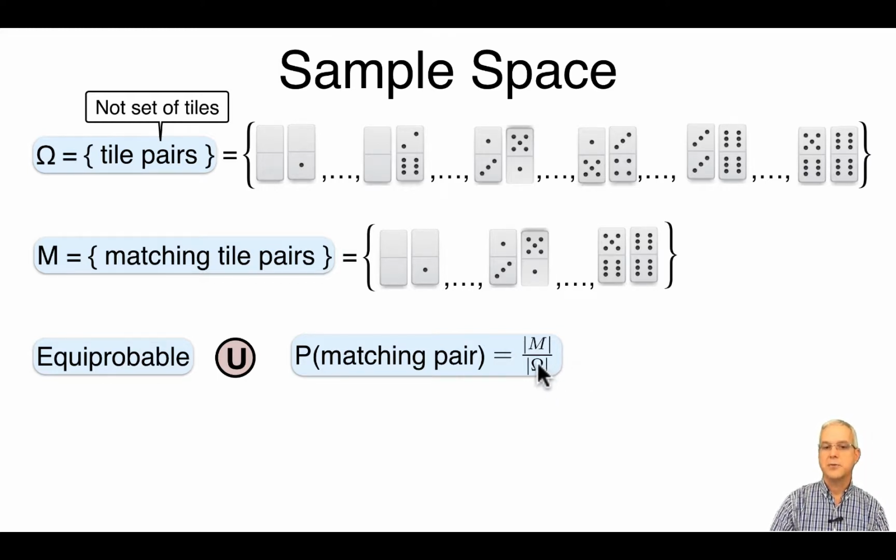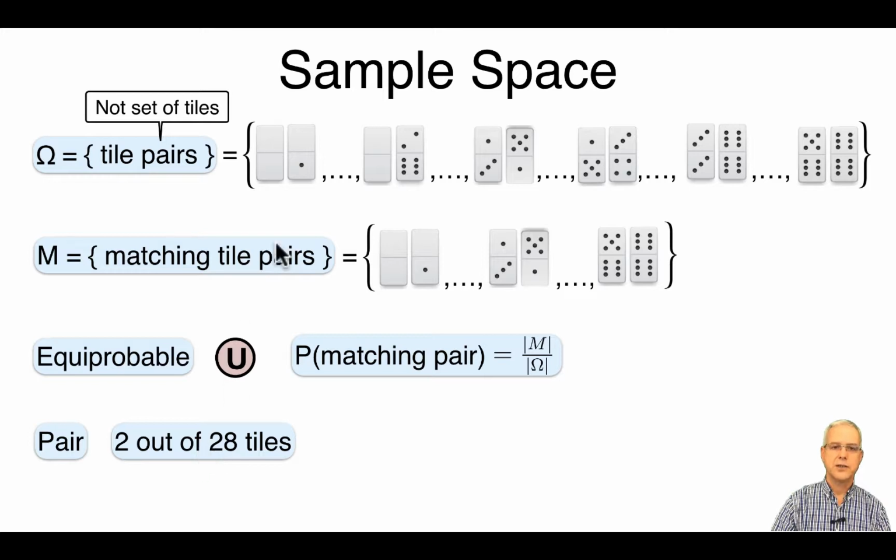Now, of course, the easier one to calculate is the size of omega, the number of all tile pairs. Notice that a pair is just 2 tiles out of 28. So we have 28 tiles, and we pick 2 of them. Each one is a pair. So how many ways can we pick 2 out of 28 tiles? That's going to be the size of our sample space, which is 28 choose 2.